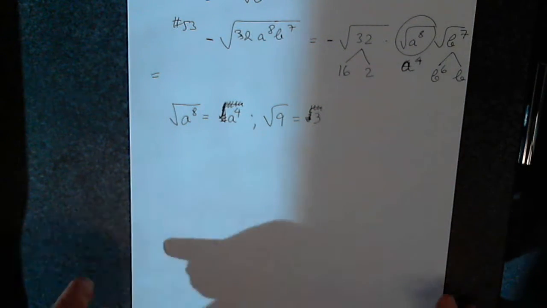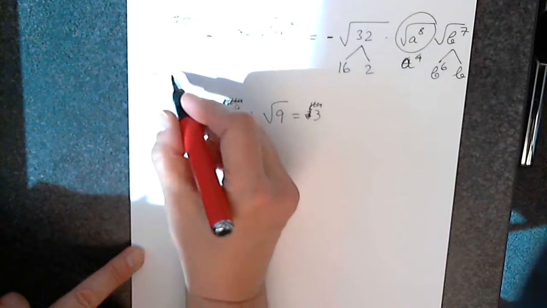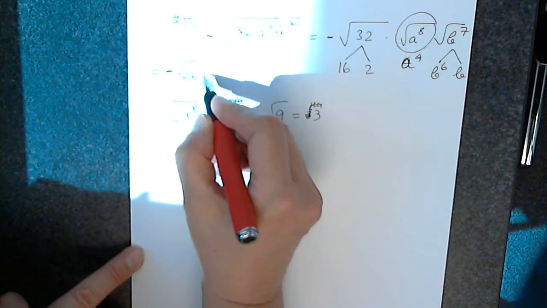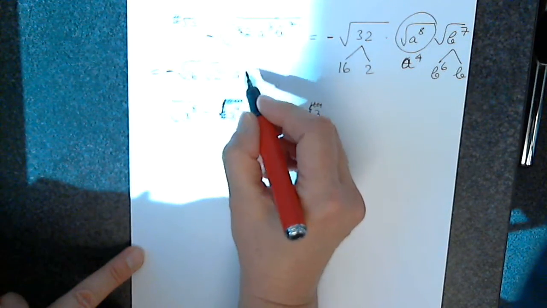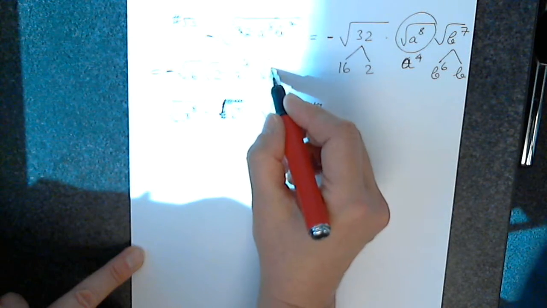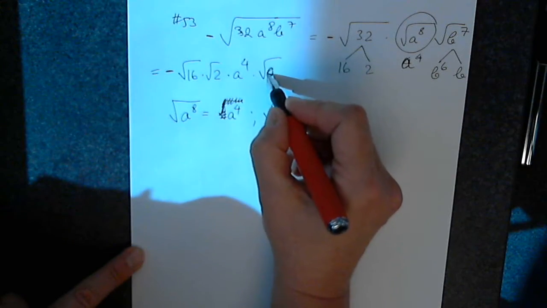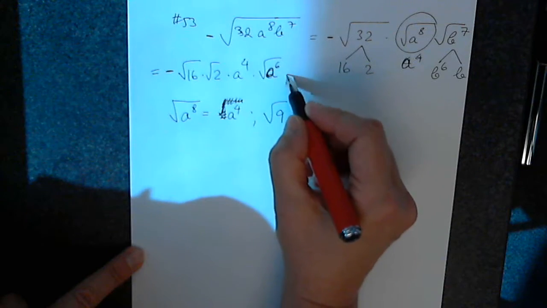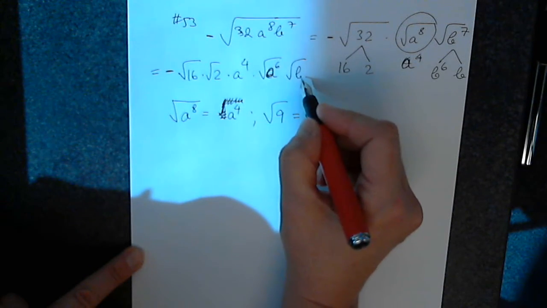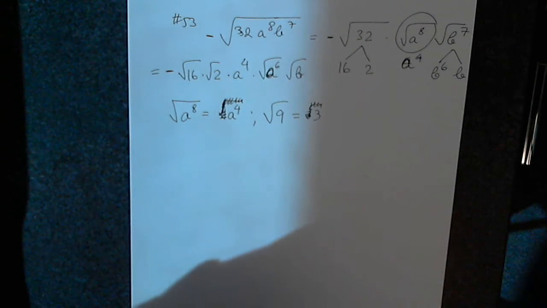So I will rewrite everything for everyone to see. Negative stays outside. The square root of 16 times the square root of 2, times a to the 4th, times the square root of b to the 6th times b.